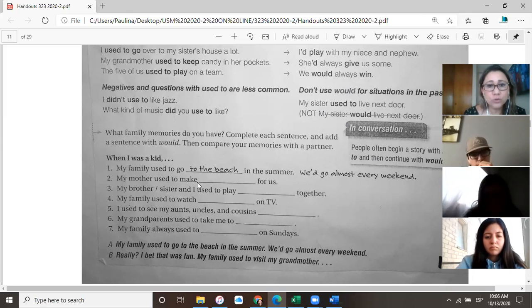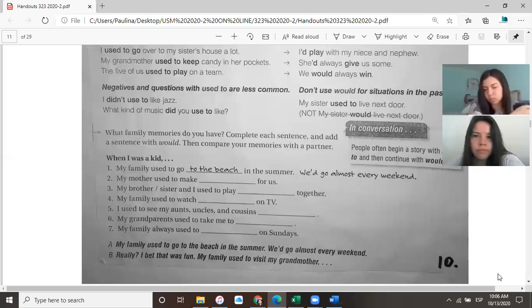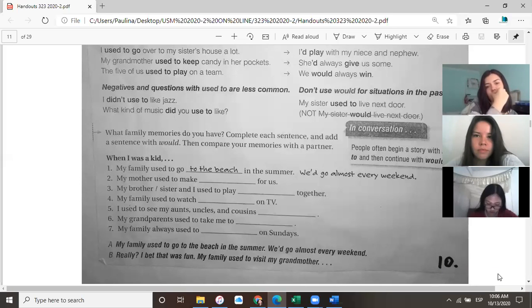My mother used to make for us. What can you say here? My mother used to make in the past. What can she make?